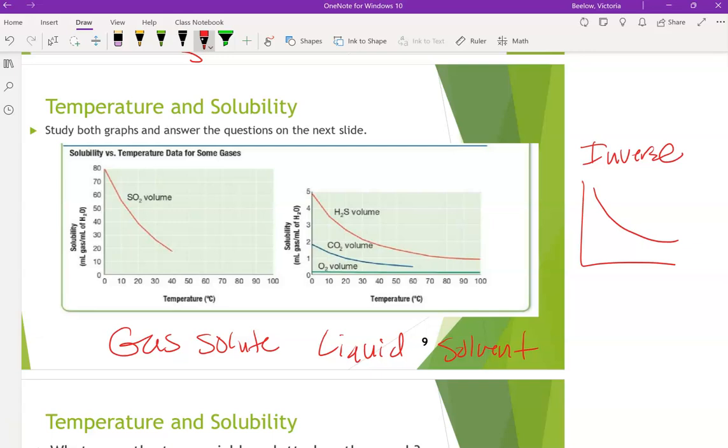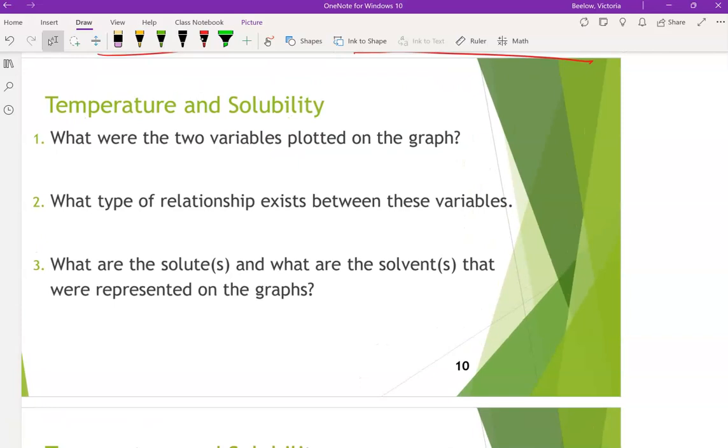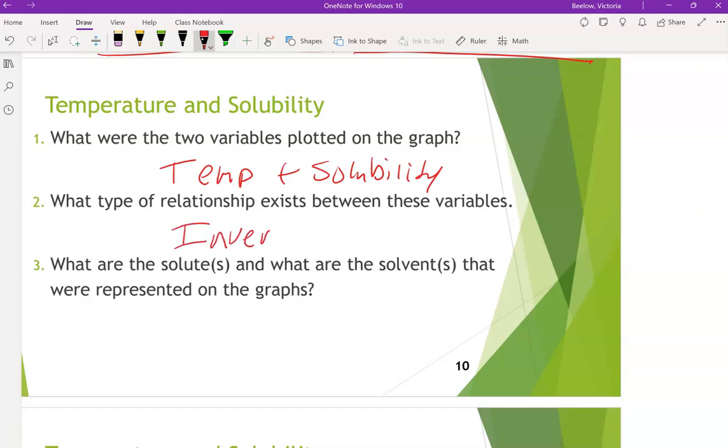So as the temperature increases, the solubility decreases for a gas solute in a liquid solvent. The two variables on the graph were temperature and solubility. What type of relationship? This is inverse.